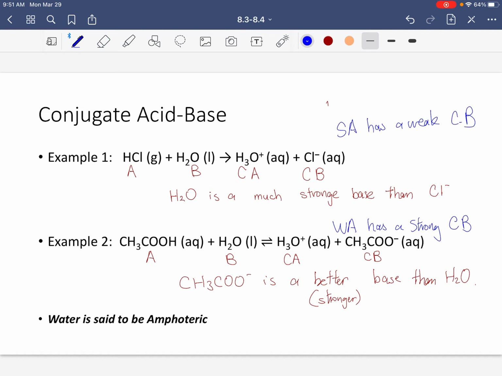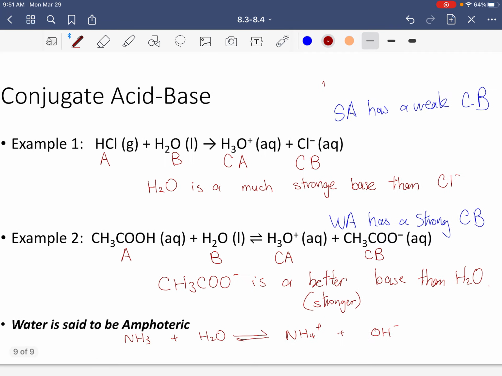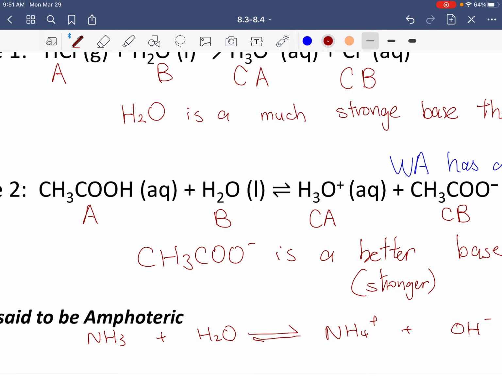All right, let me just finish this off by showing you a base reaction. So let's say I have NH3 plus water. We've seen this before. This will give you NH4 plus and OH minus. Okay? Let's blow this up.